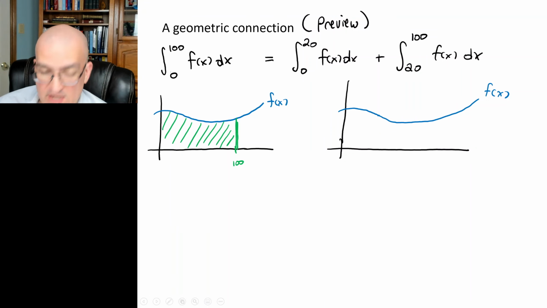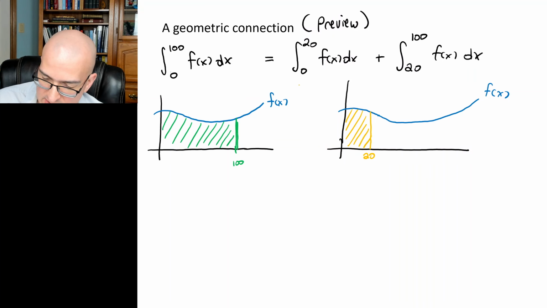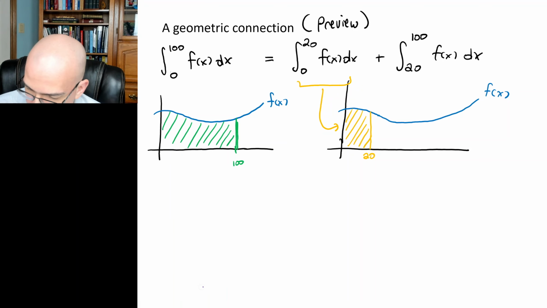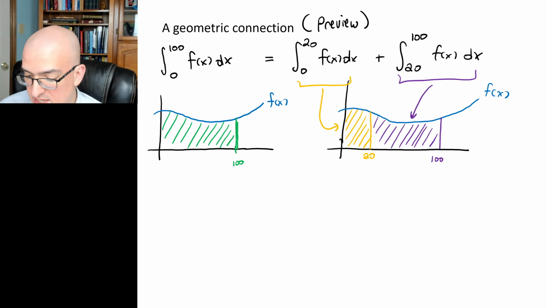So instead of going all the way from 0 to 100, we took a pit stop at 20. So this is the first area. That's this part. And then we added the second part. We went from 20 to 100 here. And the sum is the same.